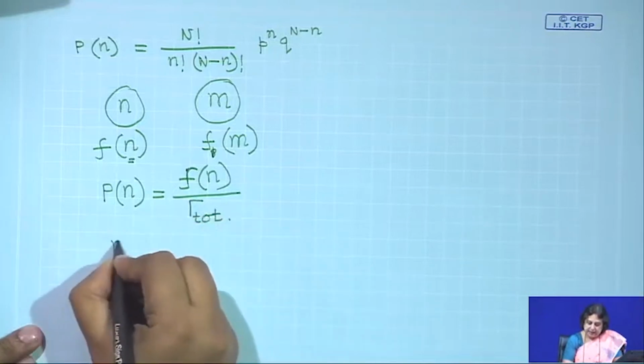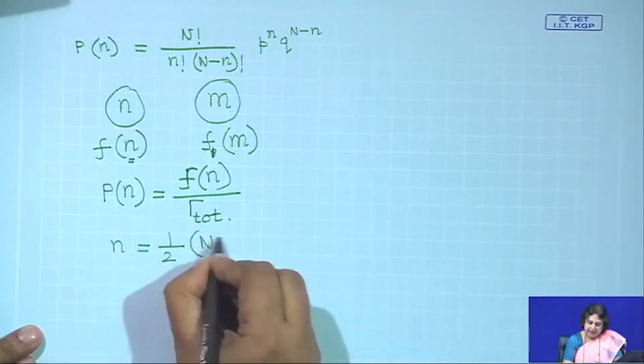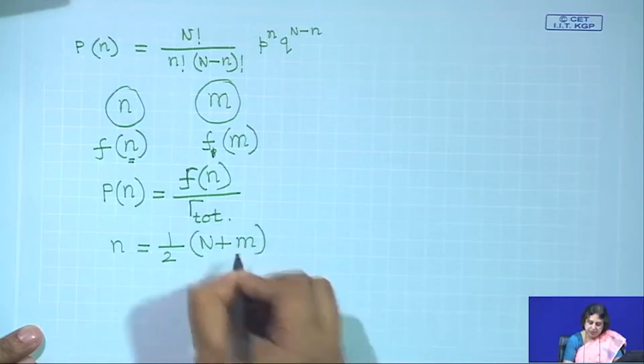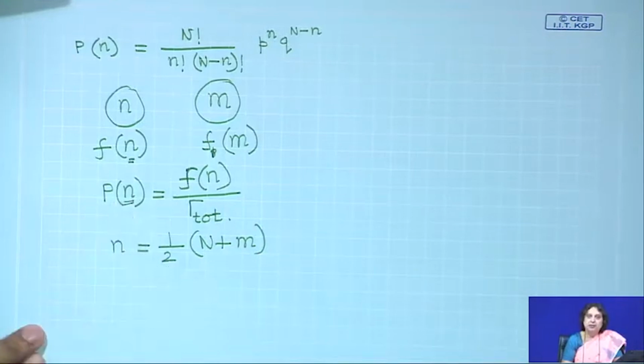And since m is given in terms of capital N by this relationship, I can always change this independent variable n by m. So, what would be the mapping?